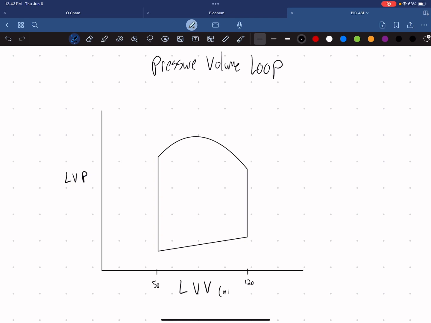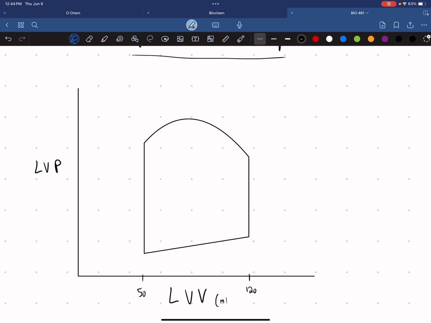Okay, so for the second part of this question, it asks about the pressure volume loop. And so this is specifically of the left ventricle, because that kind of explains the cardiac cycle and how blood pumps through the heart. I'm going to use another little graph here and draw everything in. On the x-axis, we have the left ventricular volume, and on the y-axis, we have left ventricular pressure.